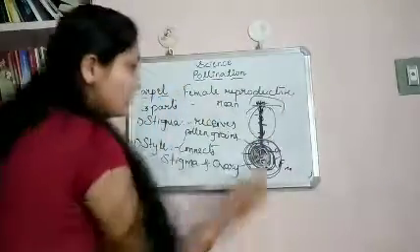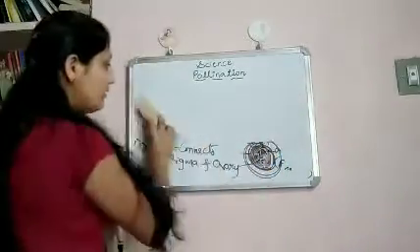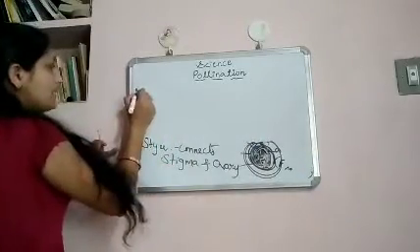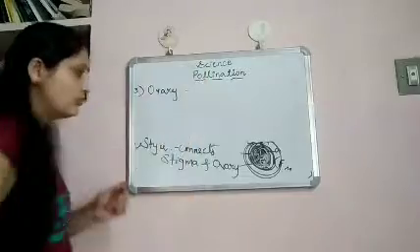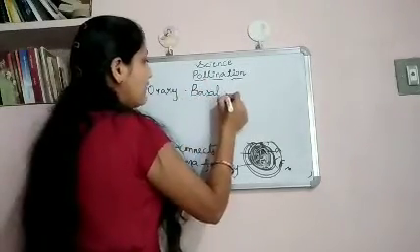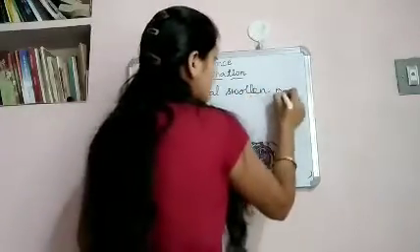And the last, swollen basal portion, is called ovary. The third part is ovary. So this is the swollen basal part.